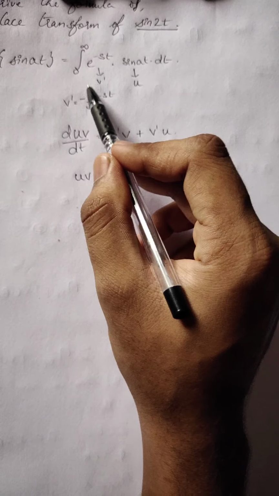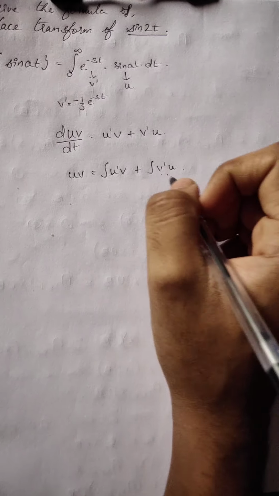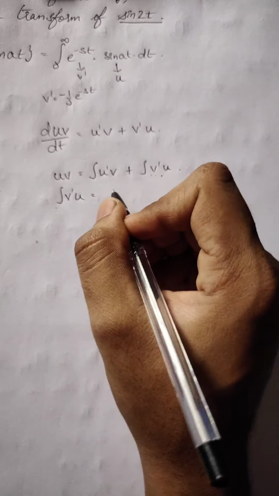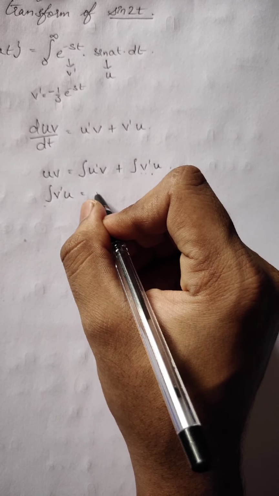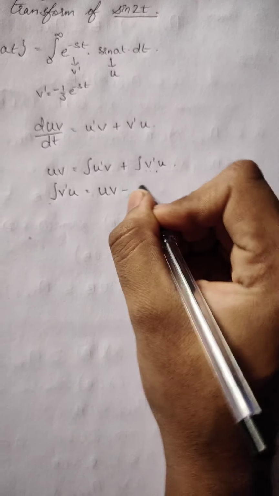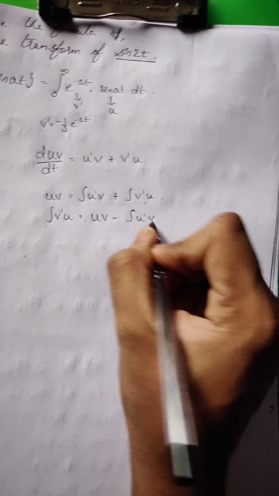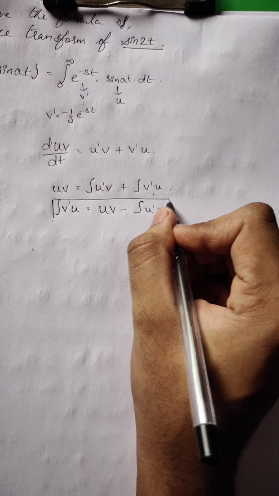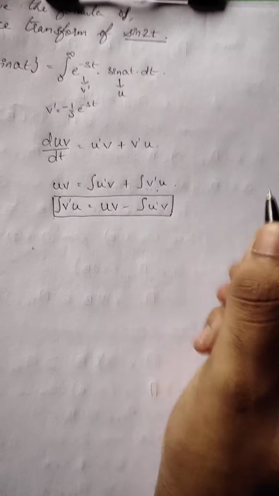Now our question is in the form of integration of v dash u, so let us take this as the subject. So integration of v dash u equals uv minus integral of u dash v. Okay, so we're going to use this mainly.